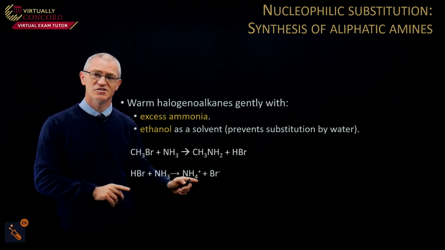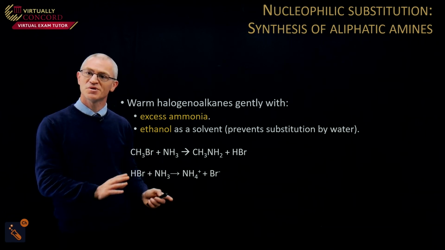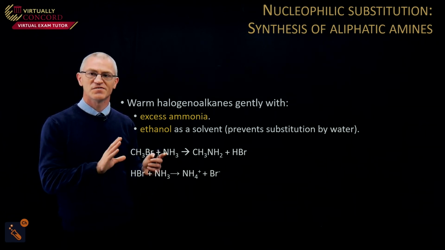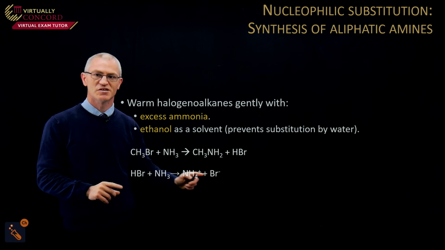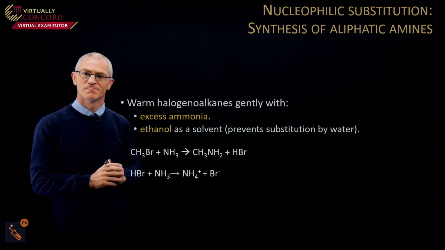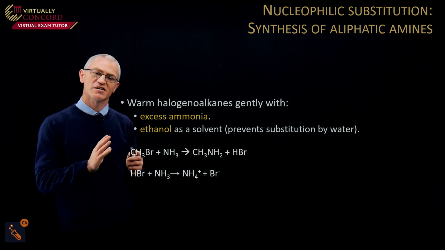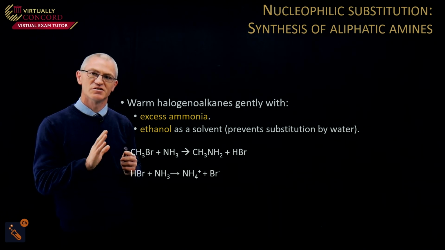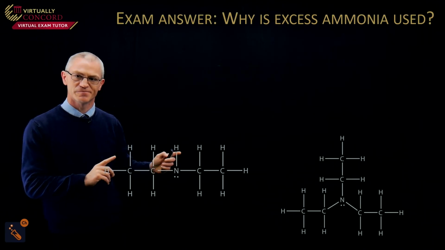They come together and you get NH4Br. So that's just something to be aware of. If it is in excess, then this product can be made as well. Let's go on to the final slide to explain the whole thing together.